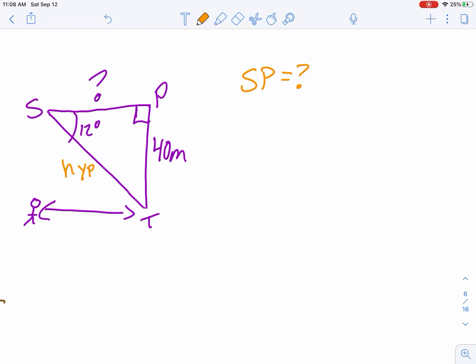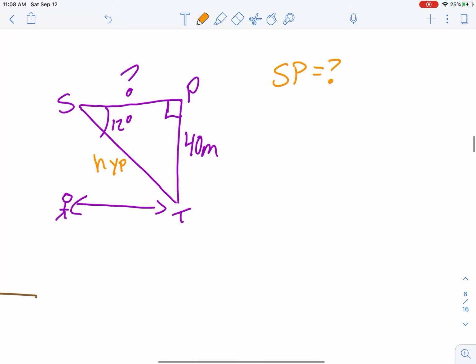This is us listing what we need to know. Okay, so when we've listed what we need to know, we've shown everything that we have. Now, how do we find SP? Well, think about how the things we have relate to the thing we need. If we can see here, we have an angle, we have the opposite side of that angle, and we're trying to solve for the adjacent.